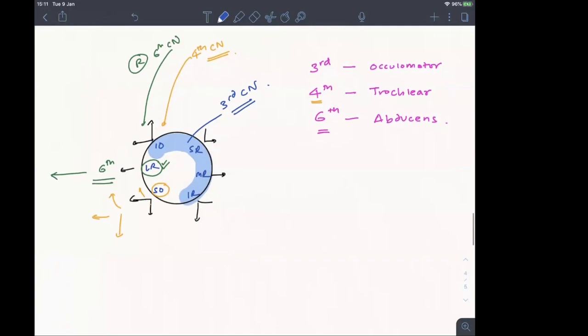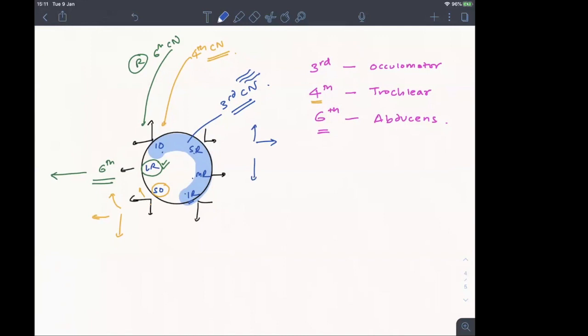It can elevate the eye, it can do medial rotation, it can do adduction, or it can depress the eye. So there are different fibers inside the third cranial nerve that will act on these different muscles.